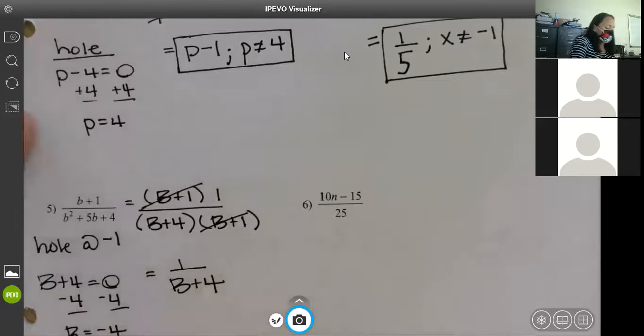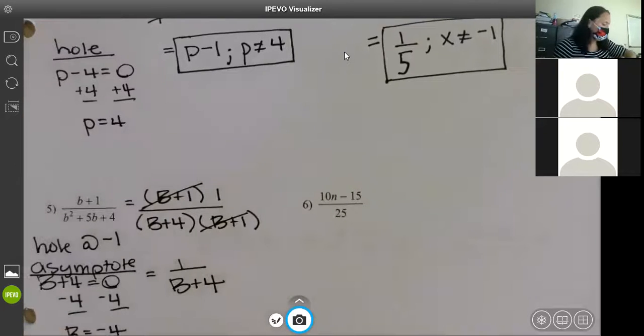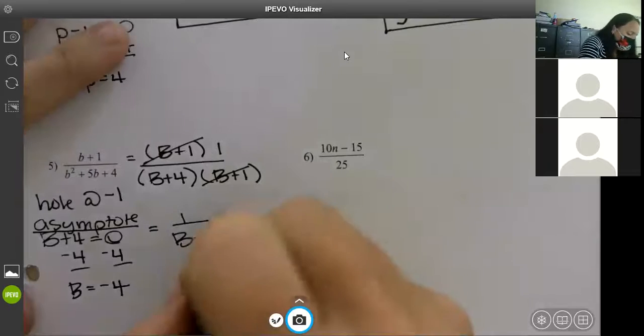And we get -4. Again, this is an asymptote. Everybody good? So then your answer was 1 over b plus 4.